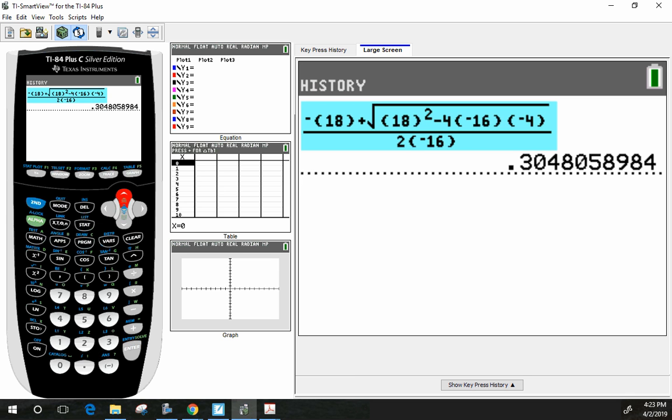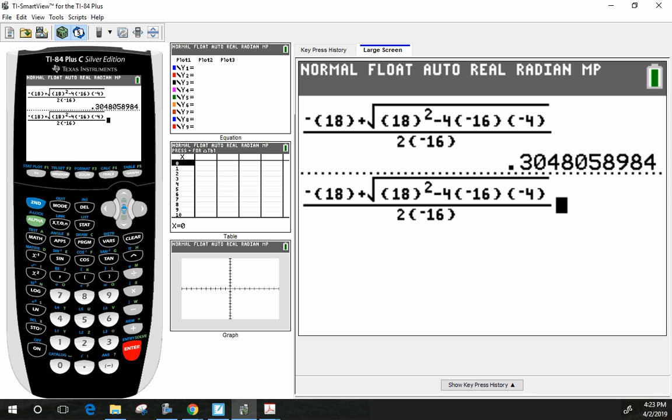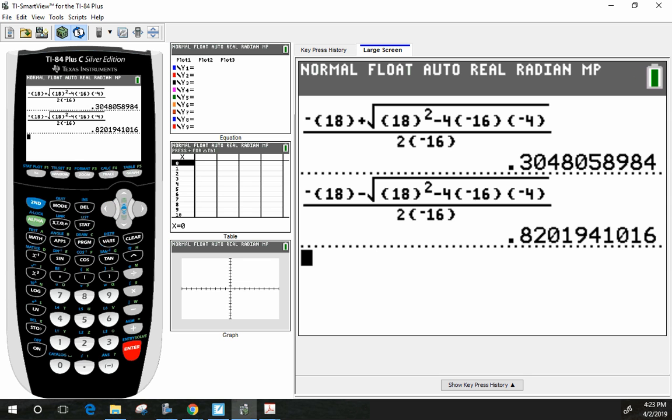I can just select this and change that addition to subtraction to find the other solution, or x-intercept, the other root. So I'll put a minus in there, sorry, and then at about 0.82 seconds.